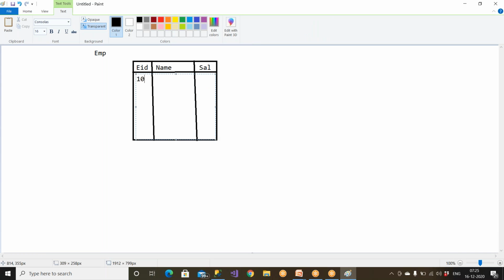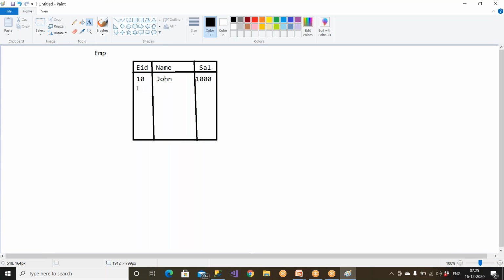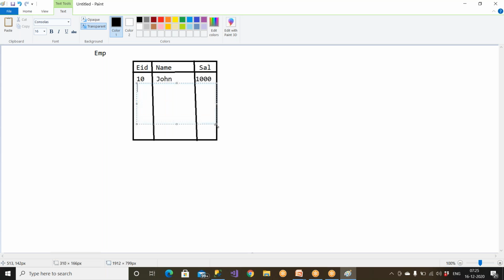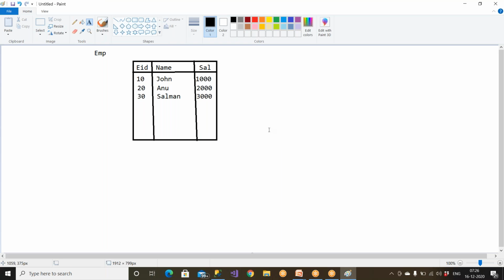So employee number 10, let us say John, salary is 1,000. Then the next employee, let us say Anu, salary is 2,000. Then the next employee, let us say Salman, salary is 3,000. Like that, we have a lot of data, right?